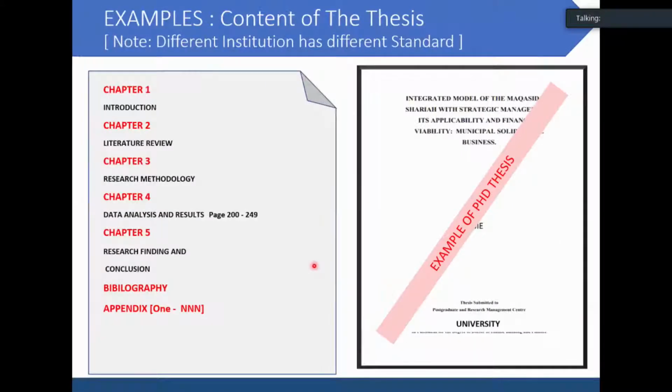Okay, as I promised last week, I will give an example of a thesis, as you're preparing for a PhD thesis. You have done your proposal method. You have done your earlier discussion in part 1.